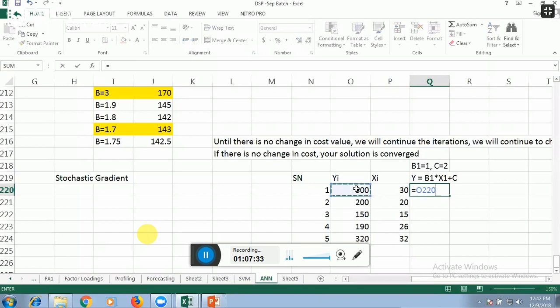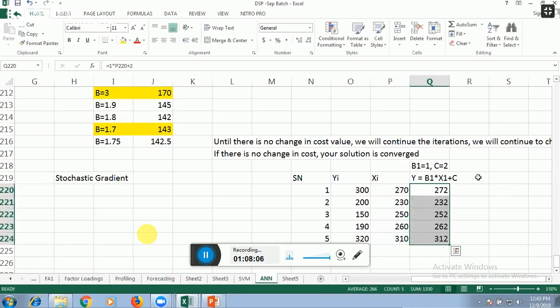Now what will the value be? It is 1 into 30 plus 2, so you get 32, right? Assuming the predicted values are 270, 230, 250, 260, and 310, this is what you got.